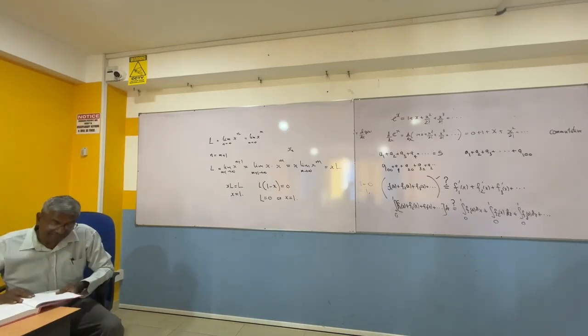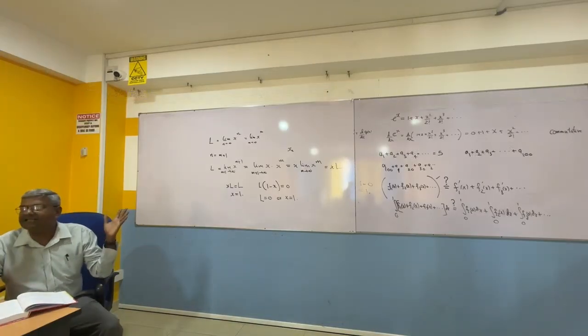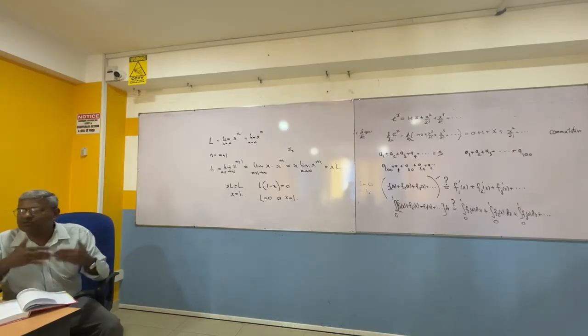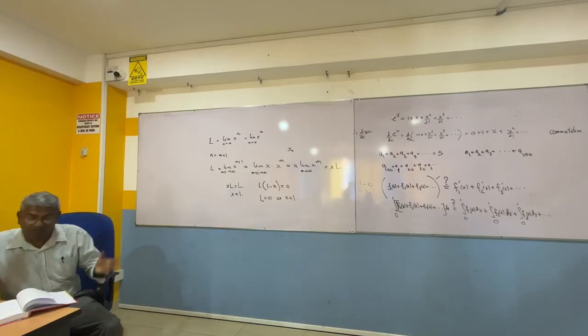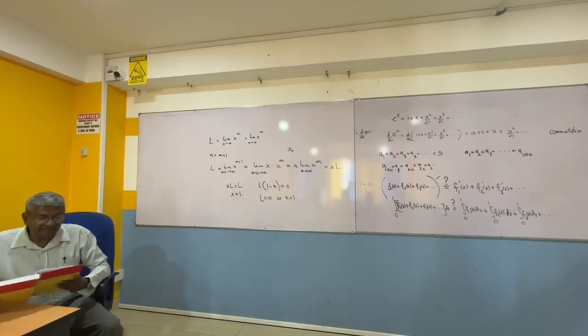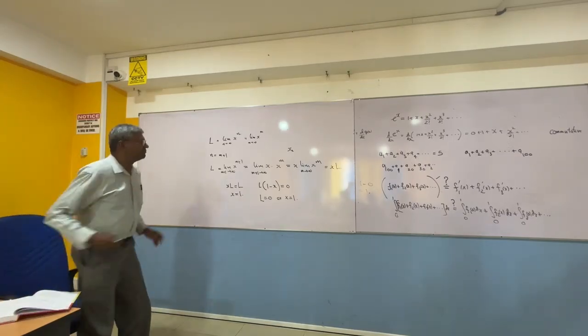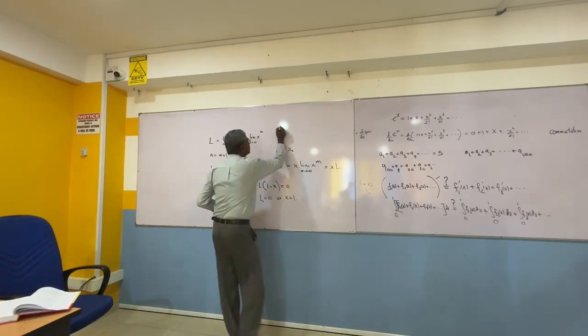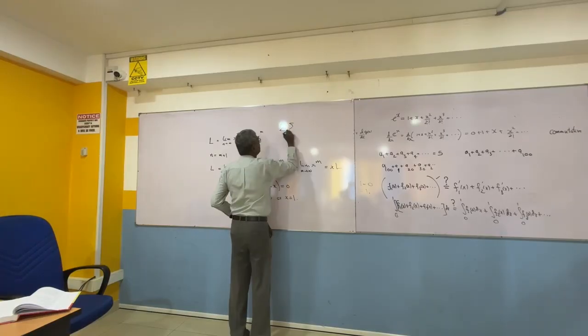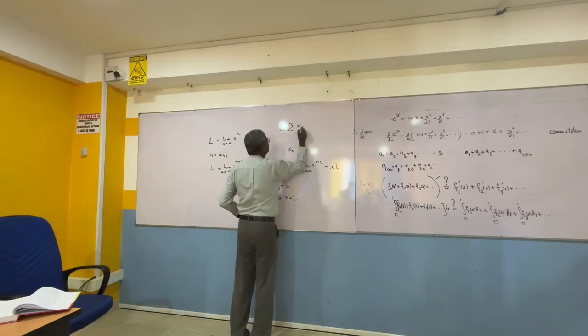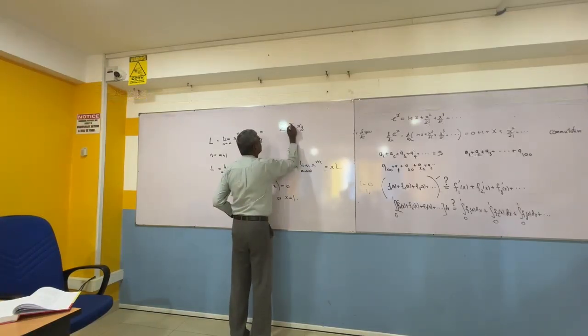But this is not true if you have infinitely many rows and columns. Not true. This is the fact that when you have finitely many, this is true. You have the double sum of xij, j going from 1 to m, i going from 1 to n.